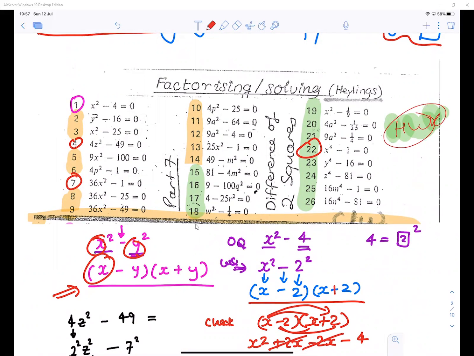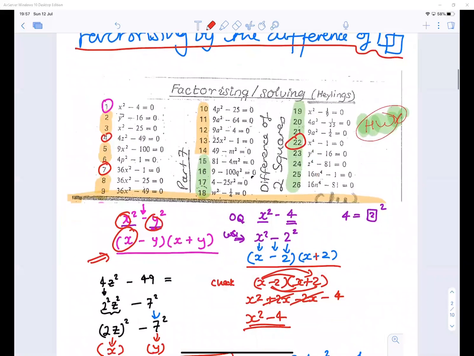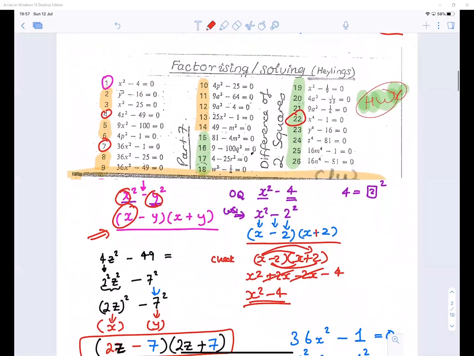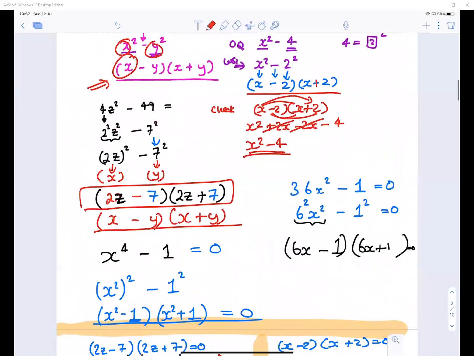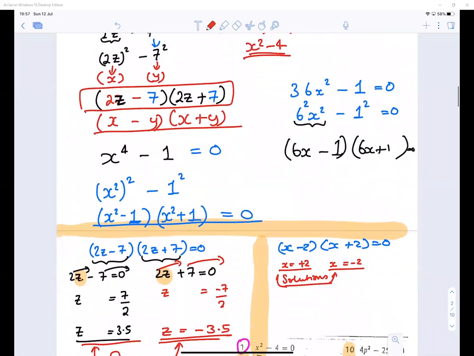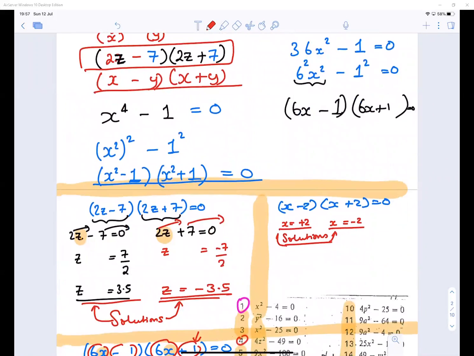What we've done now is learn how to factorize the difference of two squares, how to deal with the more complex questions, and how to solve them as well. Now remember, this solving that we're doing now is a continuation of last lesson's solving, but it's taking it one step extra, where you've got a number in there, you've got to think a little bit more, with one or two extra steps.